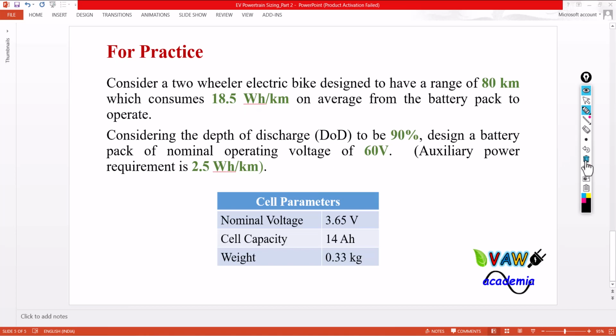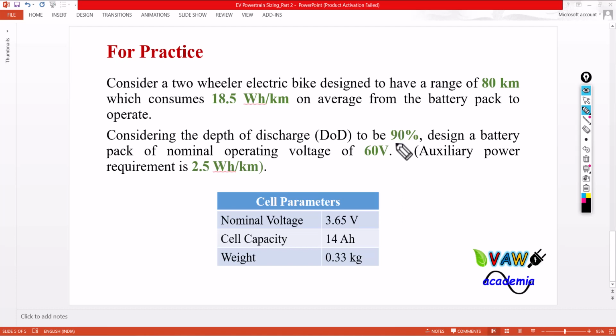So I need a battery pack that consumes 18.5 watt hour per kilometer, and that battery pack should cover 80 kilometers at least. The depth of discharge considered in this case is 90%.